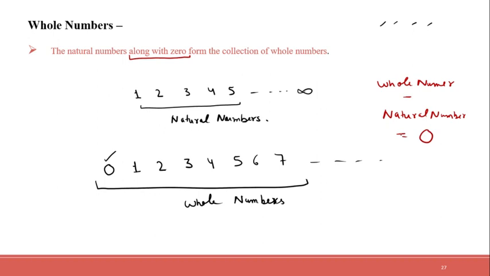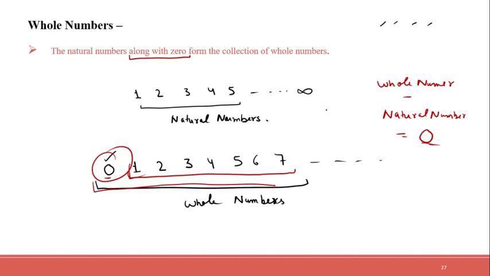what will I get? I get 0, because this 0 itself does not hold any value, but from here these are natural numbers. If I remove these numbers from this set of whole numbers, I am left with 0 only. Got it?